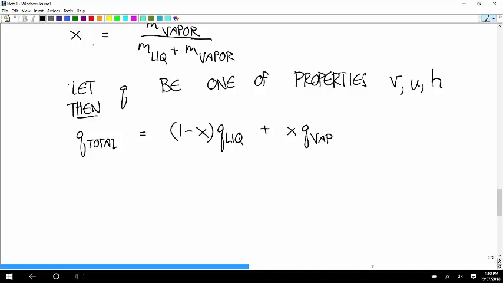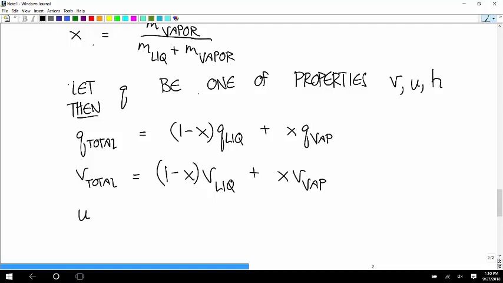So we have the total specific volume is equal to 1 minus x times the specific volume for the liquid at that saturation point, plus x times the specific volume for the vapor at that saturation point. I'm just going to write all 3 of these out.